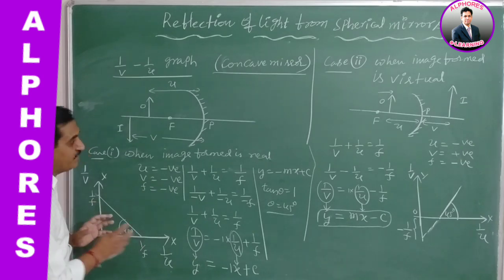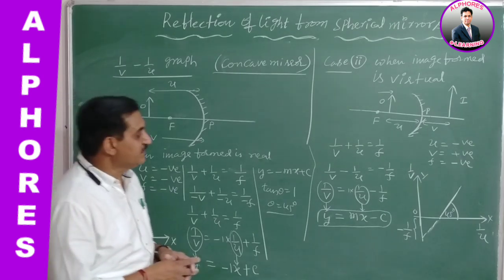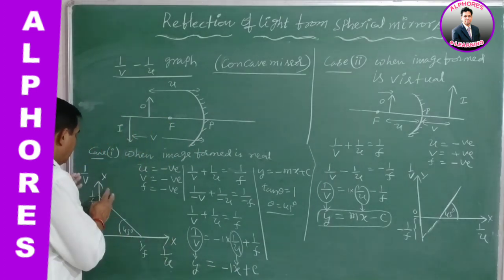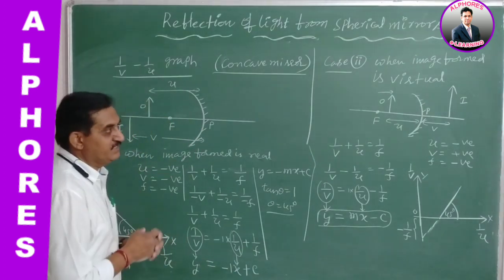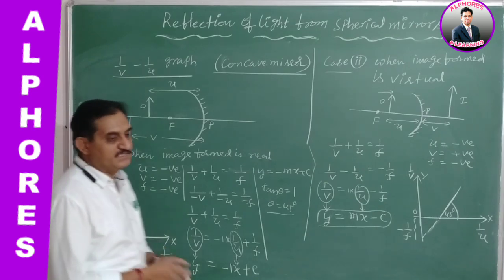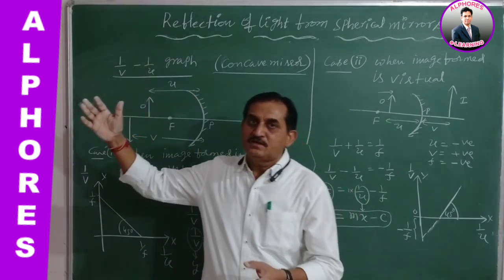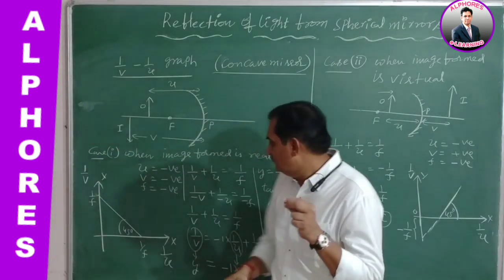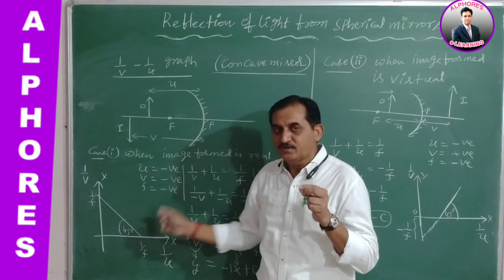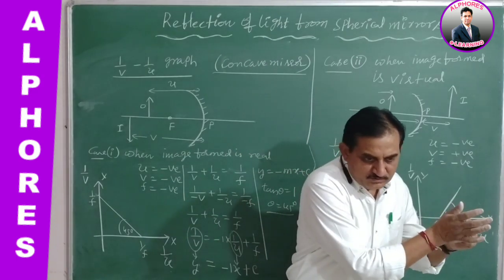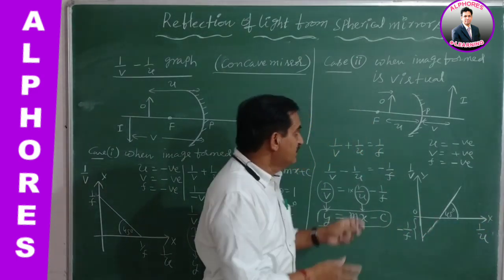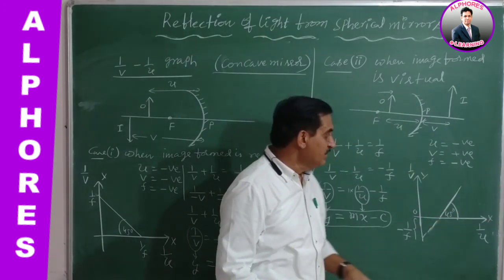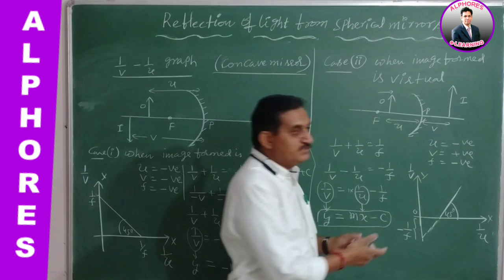When these two graphs are clubbed, meaning we take their graphs together, real image and virtual image, these two can be imagined like this: when the object is moving from infinity up to the focus, you will get this graph. Then moving slowly inside the focus point, immediately a virtual image is formed instead of the real image, and we get a discontinuous graph.